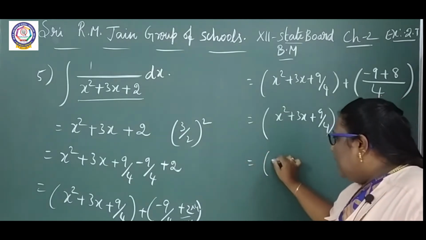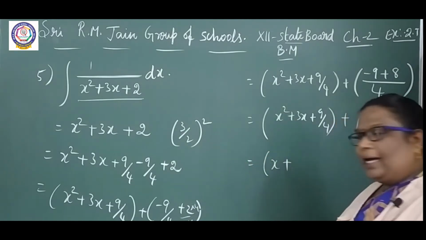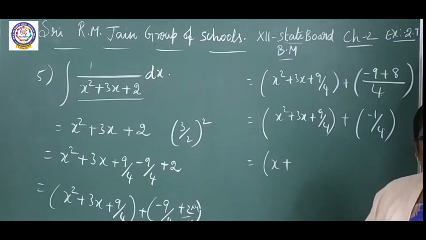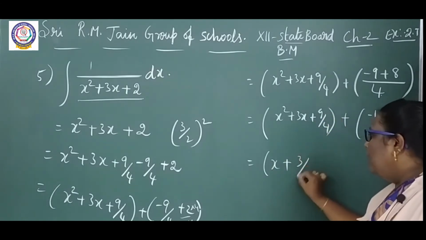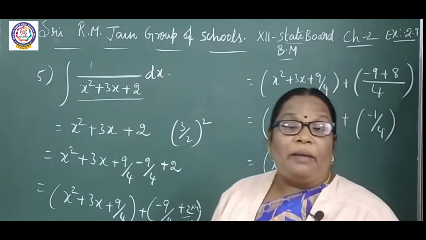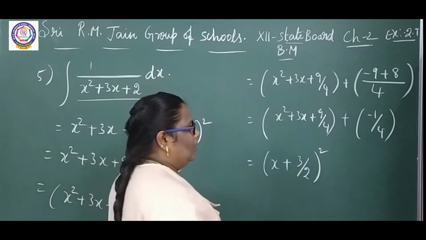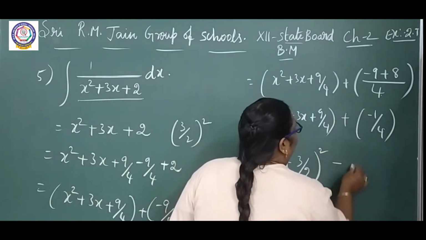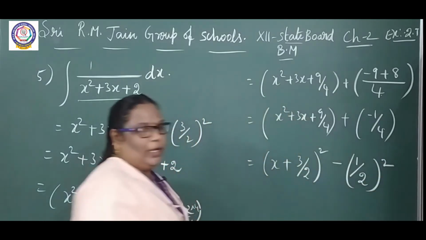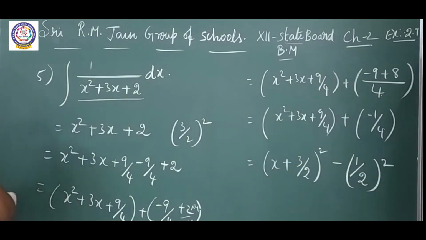It gives x plus 3 by 2 the whole square, since the square root of 9 by 4 is 3 by 2. That is the a plus b the whole square formula. Minus 1 by 2 the whole square.